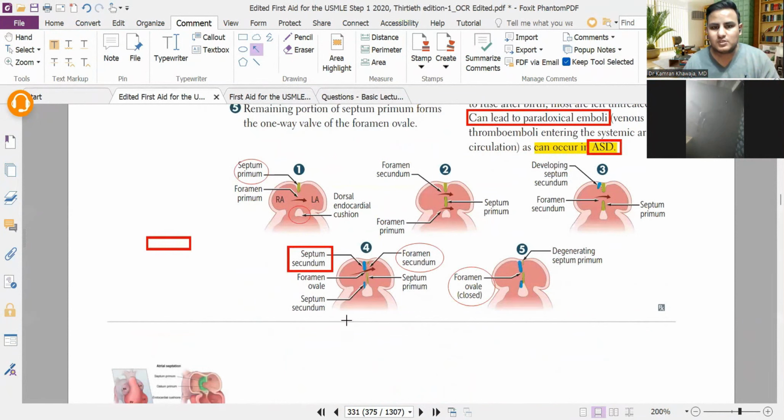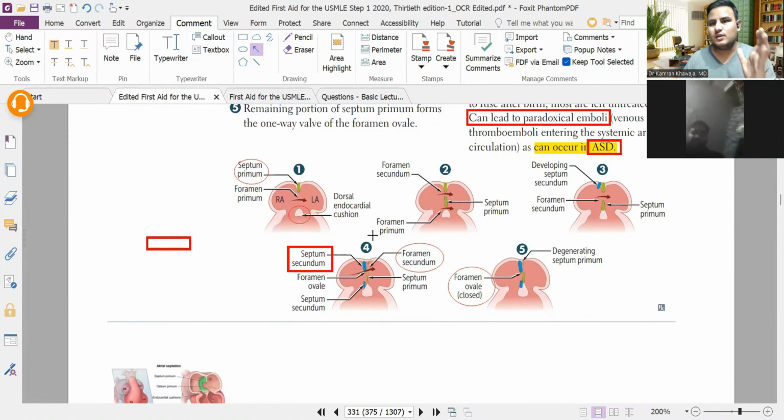Now you can see in this picture, when any emboli or thrombus comes into the right atrium and right ventricle, it will go into the left atrium and the left ventricle. The emboli from the left atrium and left ventricle will go into the arch of the aorta, which gives blood supply to the brain. So middle cerebral artery emboli will occur, leading to stroke.